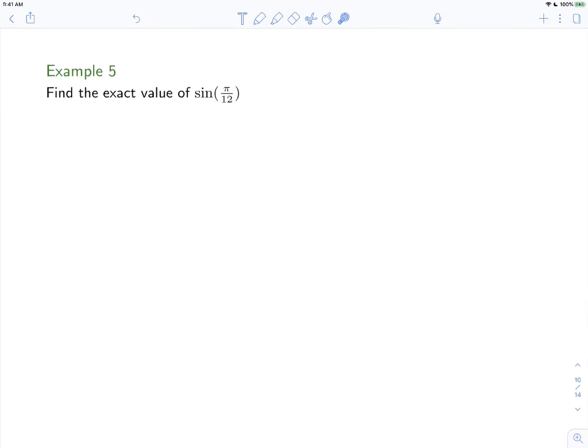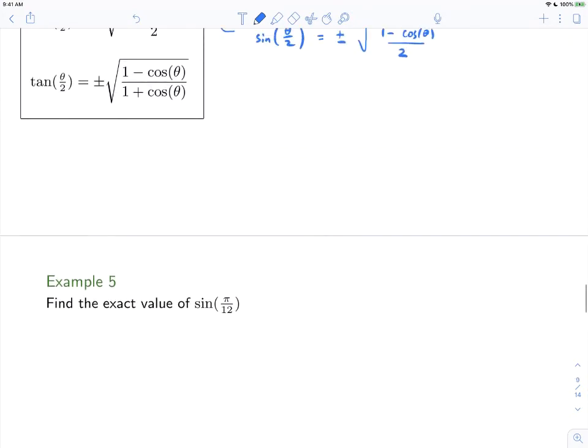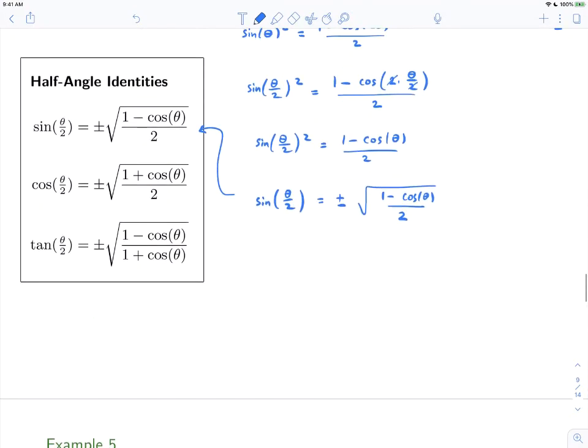Here's our first example. Find the exact value of sine of pi over 12. We're going to use our half-angle identity to solve this, and we want the half-angle identity for sine. Sine of theta over 2 is equal to plus or minus the square root of 1 minus cosine theta over 2.